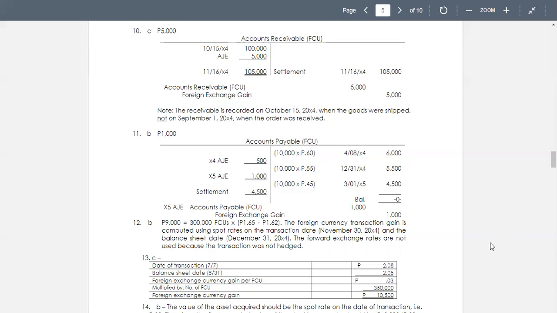So we now get the result of 10,500, which is a gain. We have a gain because the rate at the date of transaction is 2.08, and as of the balance sheet date, it's only 2.05.